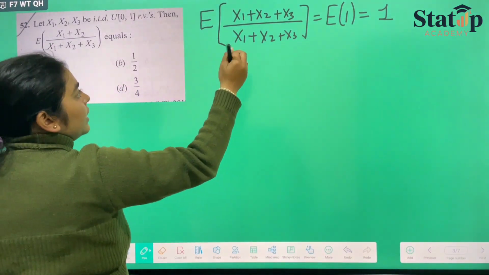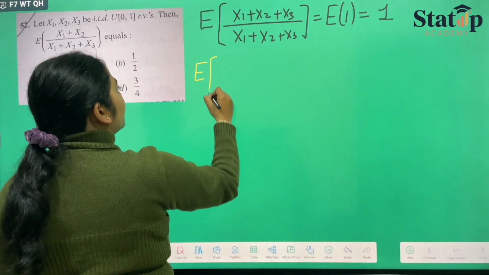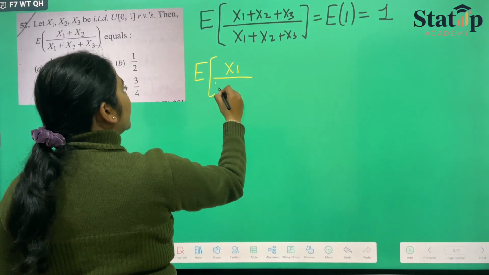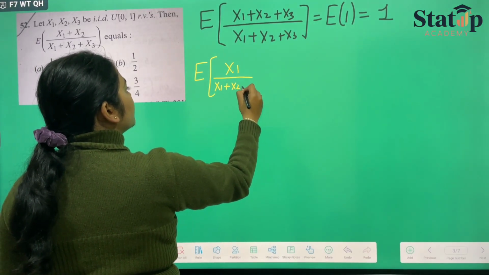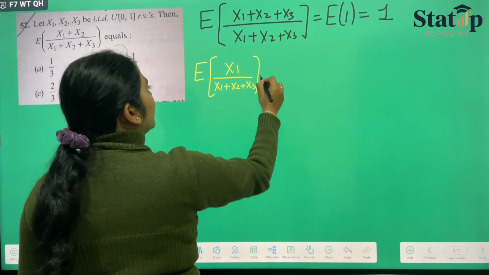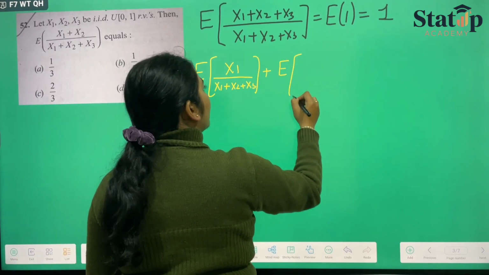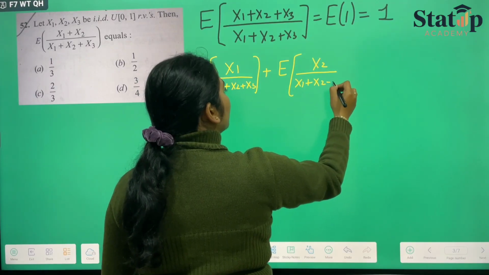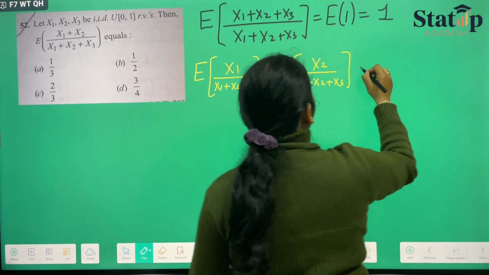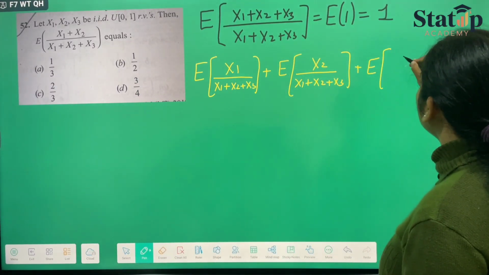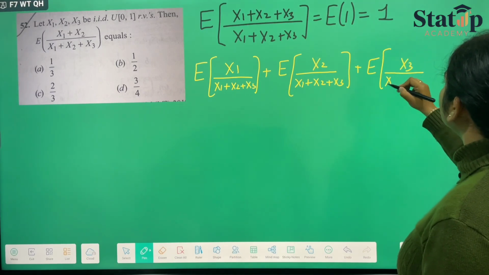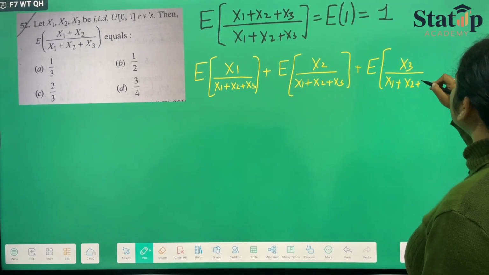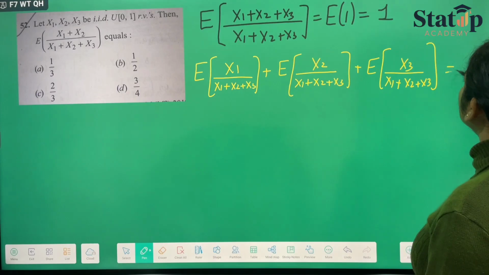Now we can write it as expectation of x1 upon x1 plus x2 plus x3, plus expectation of x2 upon x1 plus x2 plus x3, plus expectation of x3 upon x1 plus x2 plus x3, equals 1.